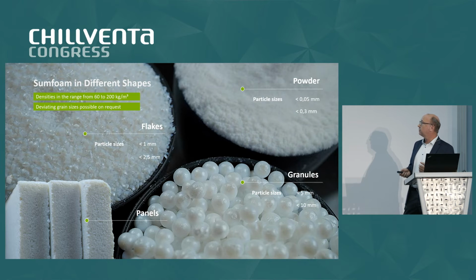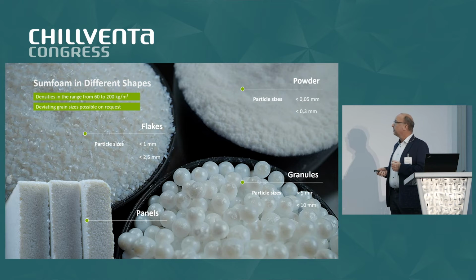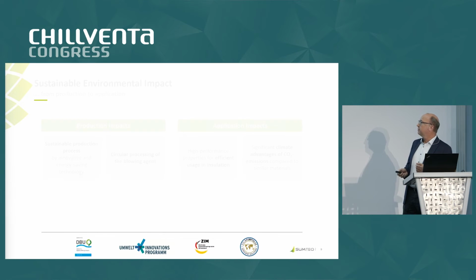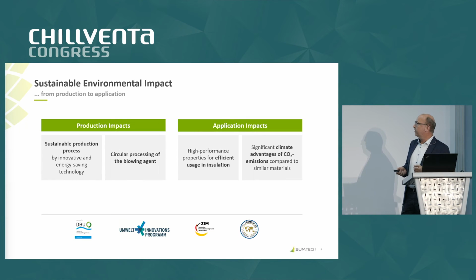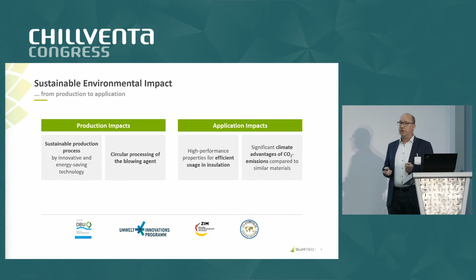Here, coming back to our sustainable impact that I mentioned at the beginning, we divided into two parts, the production impacts and the application impacts. Our production is an energy saving technology, and we additionally have circular processes with a blowing agent.